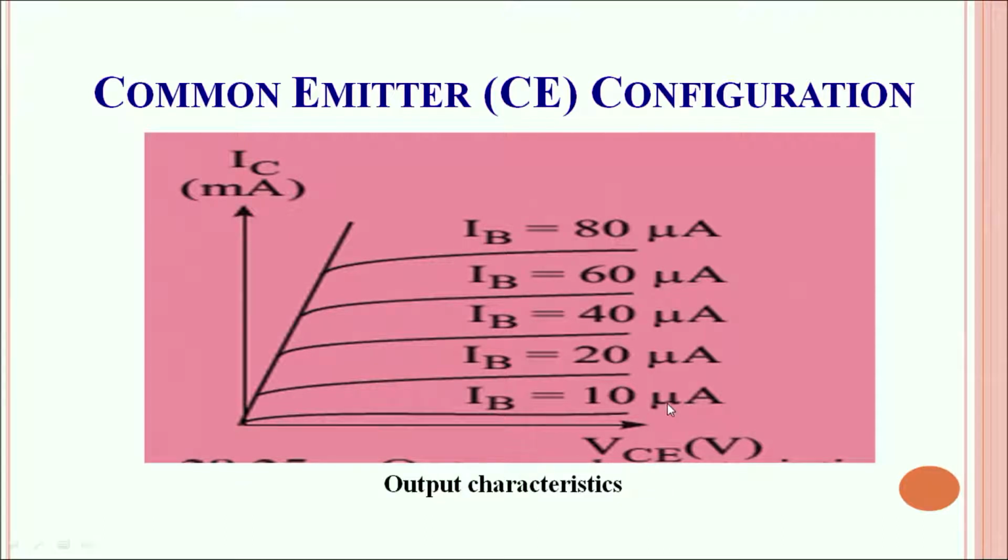For different values of the base current, there is an increase in the value of collector current, but soon it automatically attains the saturation value. Thus, a common emitter configuration is capable of giving a large current gain, voltage gain as well as power gain, which gives common emitter configuration a large number of applications.